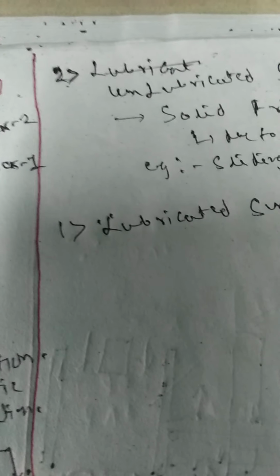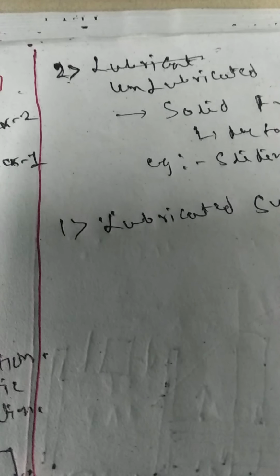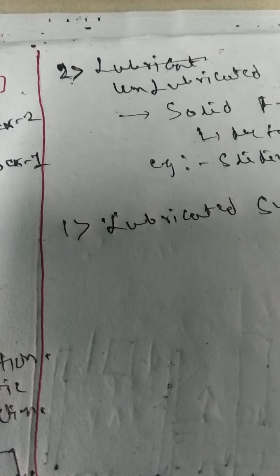Very simple: when we apply some lubricant like oil or grease between the surfaces which are in contact, then this friction is known as the friction between lubricated surfaces, and this can be further divided.